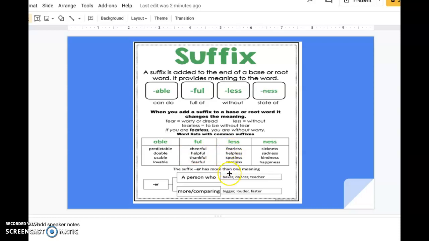Less, it's really changing the word meaning. Fearless, that means that person is without fear. And let's go to ness. Ness is the state of. So sickness would mean being very sick, the state of being sick. No fun whatsoever.